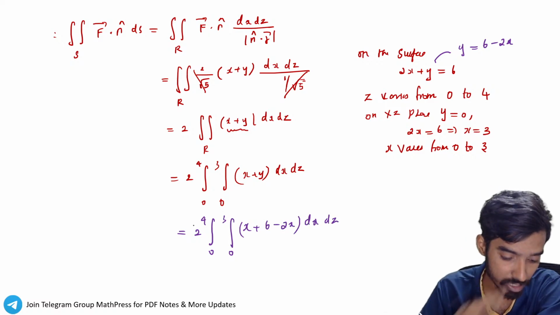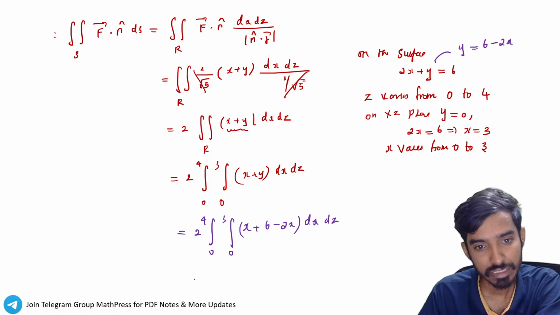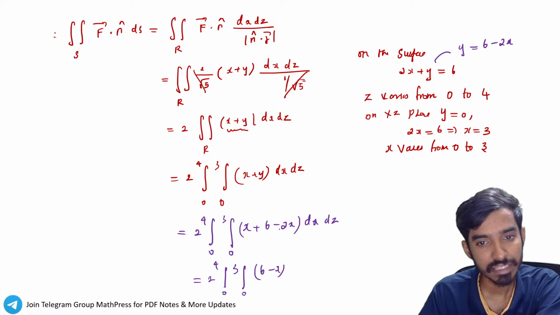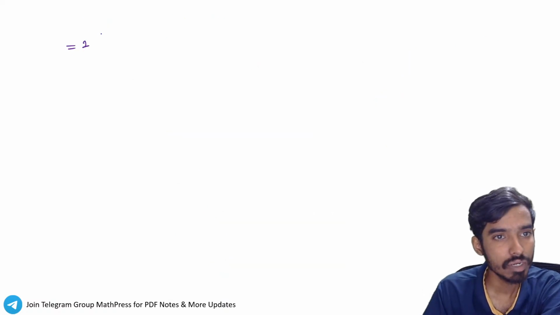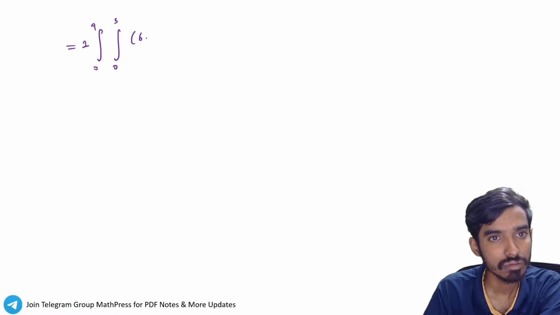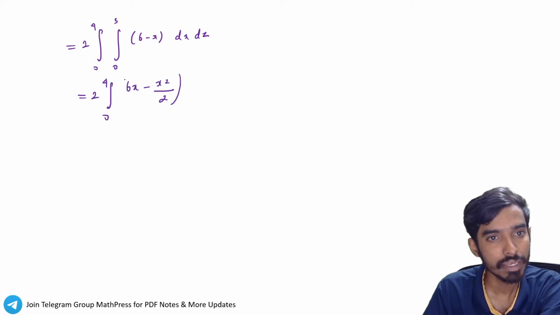This is 2 times integral 0 to 4, integral 0 to 3 of 6 minus x, since x minus 2x is minus x, dx dz. Integrating with respect to x gives 6x minus x square by 2, from 0 to 3, dz.